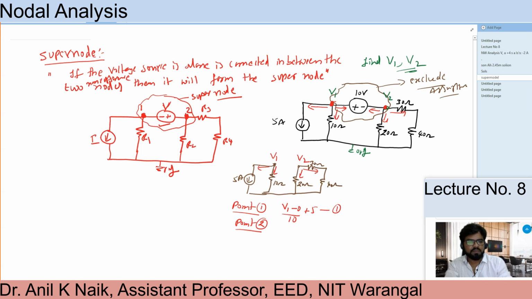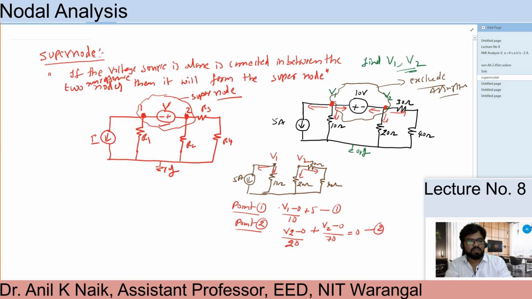I can write (V2 minus 0) by 20 plus (V2 minus 0) by 70, since 30 and 40 are in series. This is the second equation I'm getting according to nodal analysis.